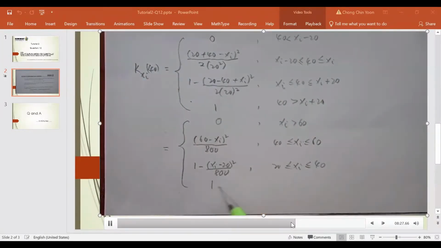So the last one, the k value is 1, where the xi is less than 20.